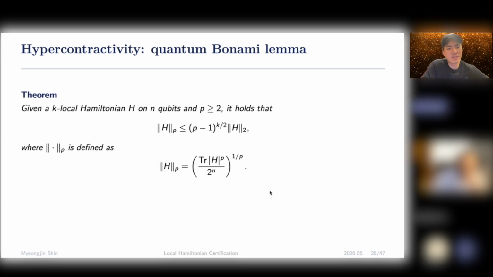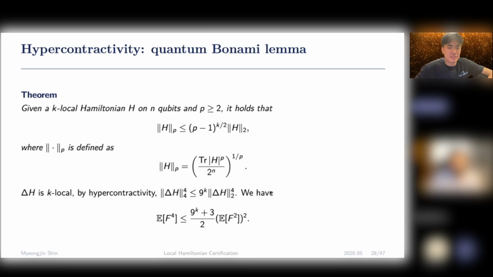If the Hamiltonian is guaranteed to be k-local and it's on n qubits, which doesn't matter, it holds that the p norm of the Hamiltonian H is upper bounded by the 2 norm, which is the Frobenius norm of H, times some constant, (p minus 1) to the k/2. So we can directly apply this theorem and get that the 4 norm of delta H is upper bounded by the 2 norm by this relation.